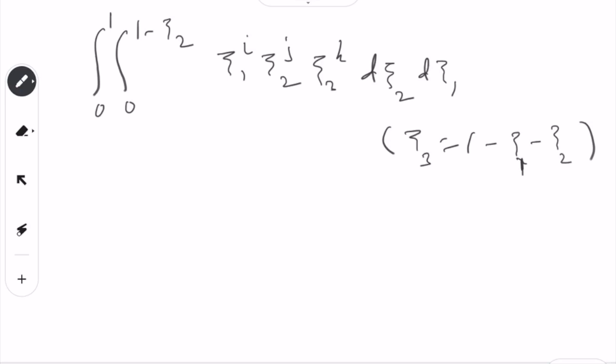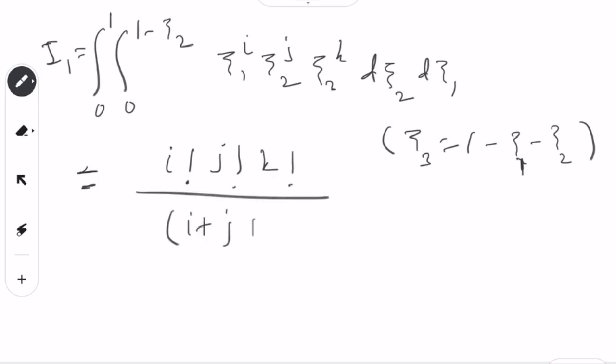Okay, so let us say we call this I1. This will be simply i factorial j factorial k factorial divided by (i plus j plus k plus 2) factorial.